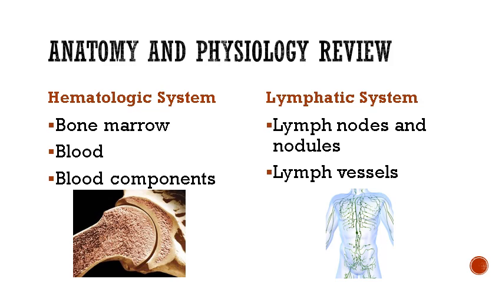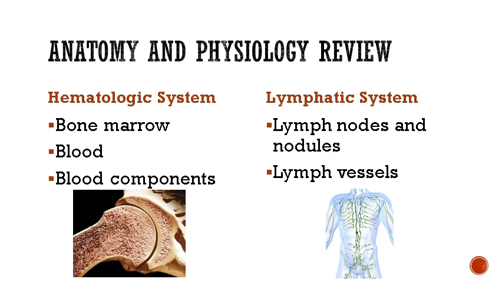disease processes. On the right-hand side, the lymphatic system, so this includes lymph nodules and nodes and also lymph vessels. So lymph nodes and nodules, these are really important for filtering out pathogens and destroying those pathogens. So we need a lymphatic system that's functioning properly to help prevent us from acquiring and developing diseases.